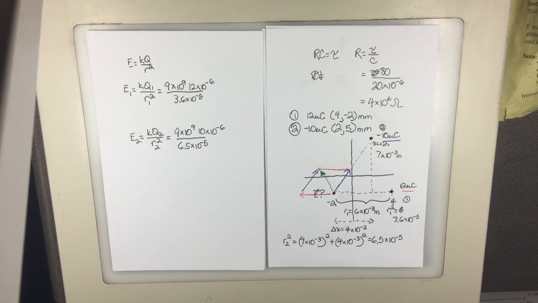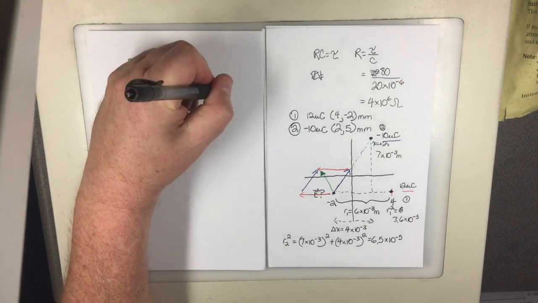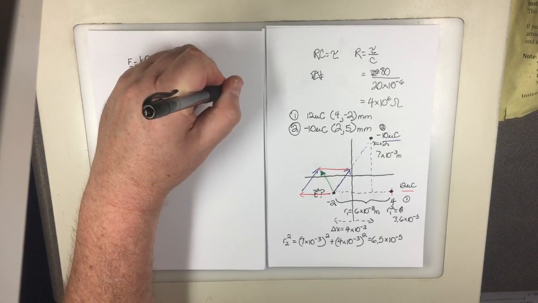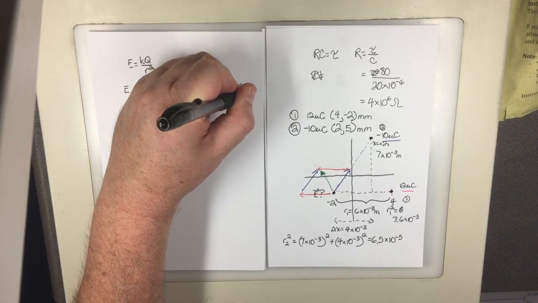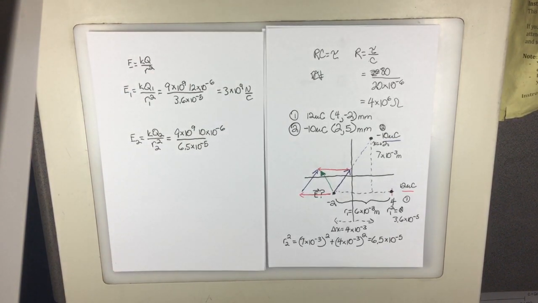And I get, whoa, big whole number, 3, 6, 9. I get 3 times 10 to the 9th exact newtons per coulomb. Though intermediate units, I don't care about. 9 times 10 to the negative 6 divided by 6.5 times 10 to the negative 5.